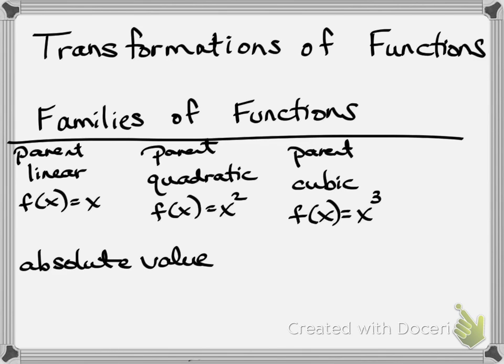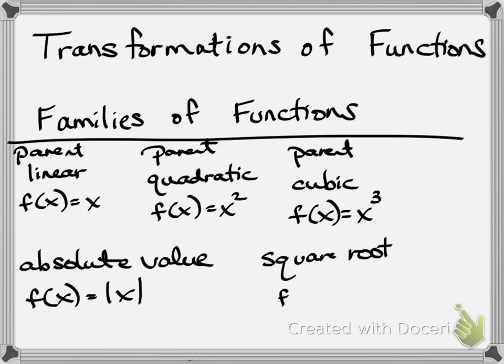Absolute value. The parent function would be absolute value of x. Square root. Cube root, different roots. I'm forgetting a few. When we get into trig, we could have the trig functions, like sine x, cosine x.